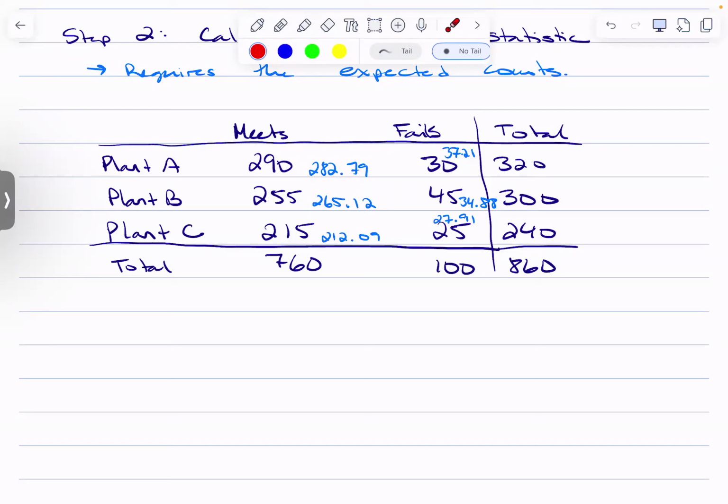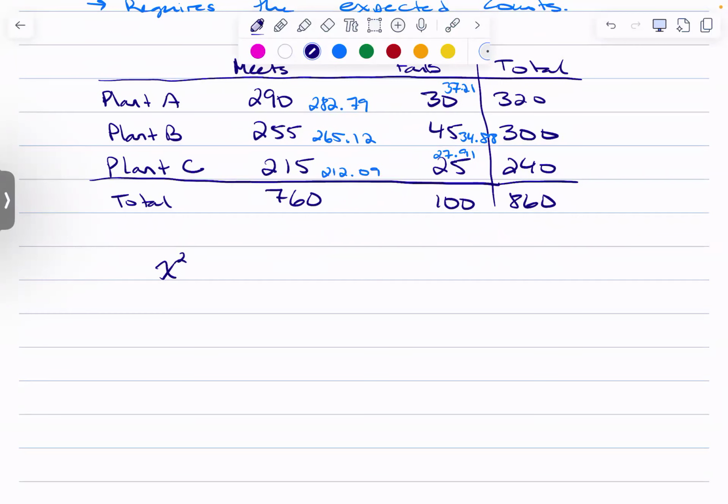Okay, so now we've got our observed and our expected counts, and our chi-squared would be the sum of the observed minus the expected for each cell squared divided by the expected.